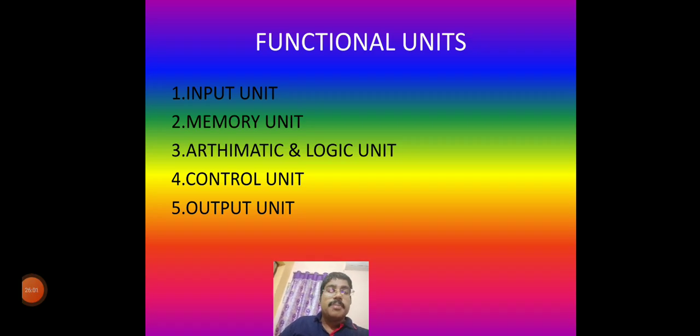Control unit: the main purpose of the control unit is to control the operations. That means it controls the data flow, the speed of the data flow, and the direction of data flow. From where to where the information has to be transmitted, at which speed the information has to be transmitted, all these things will be looked after by the control unit.